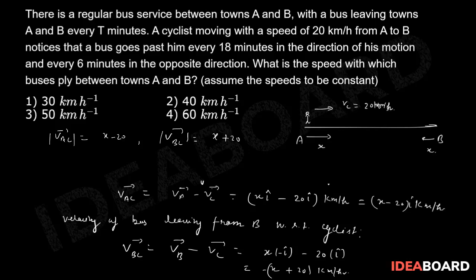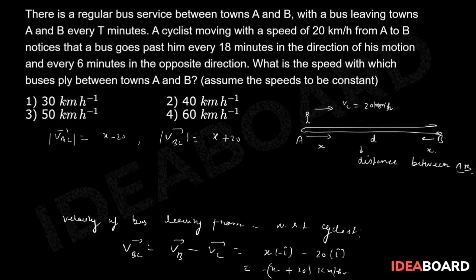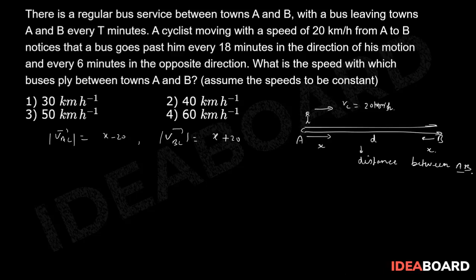Now let us assume that D is the distance between the points A and B. So we can apply the first condition. If we find the velocity with respect to the cyclist, the situation is then that we assume the cyclist is here at rest in the relative frame.